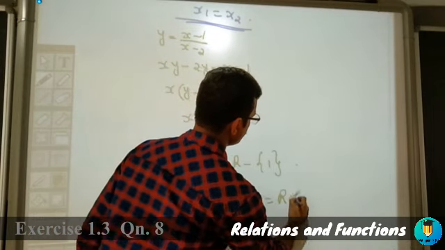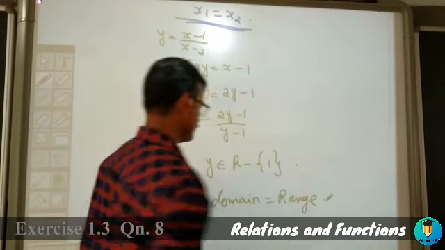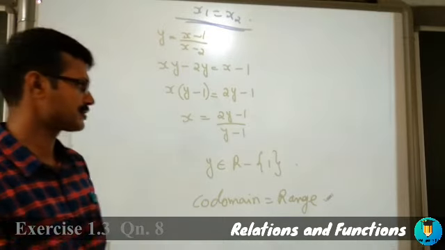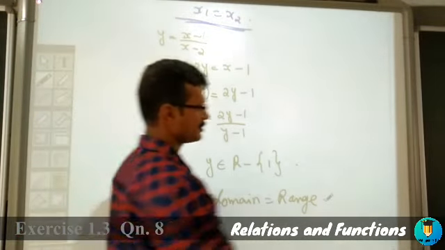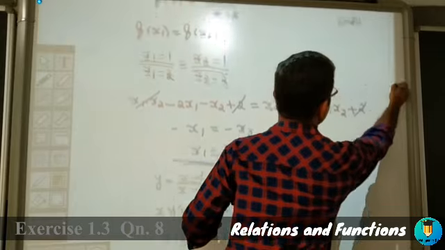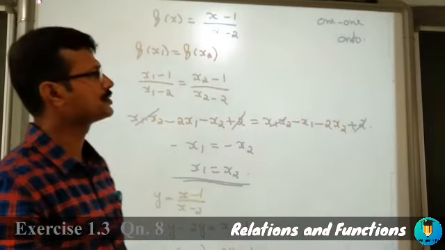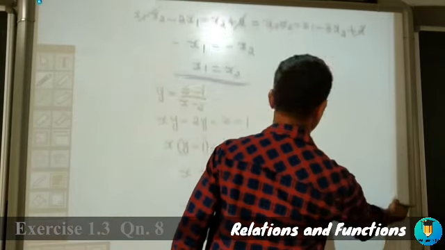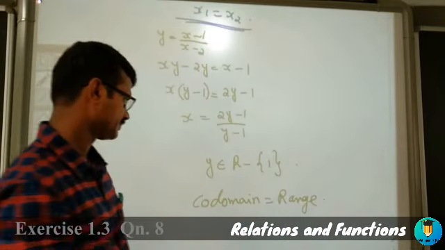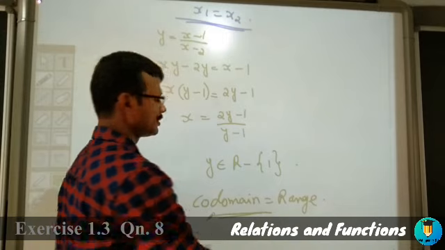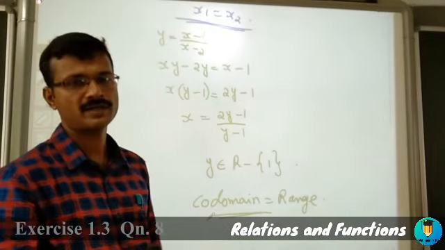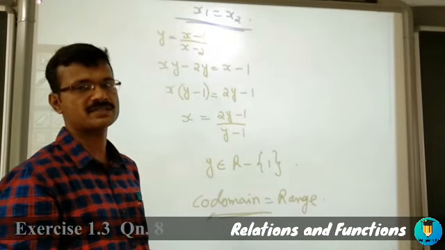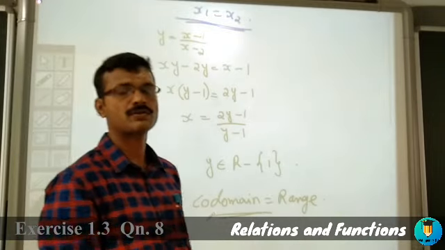Therefore, we can say that the function is an onto function. Now, since the function is one-one and onto, it is bijective. So we will stop here. Rest of the sums from the exercise, work them out as homework.